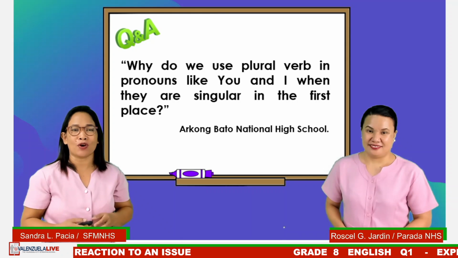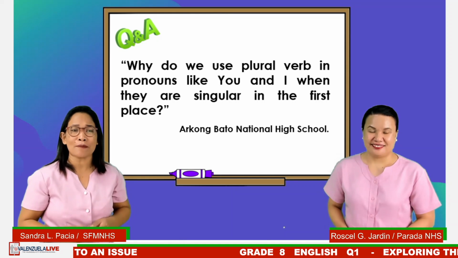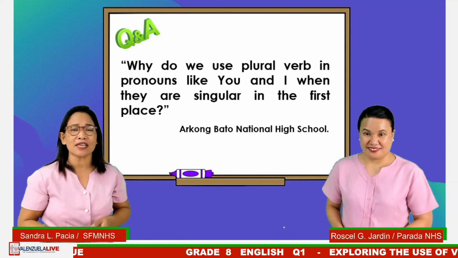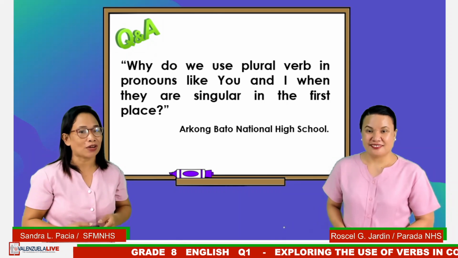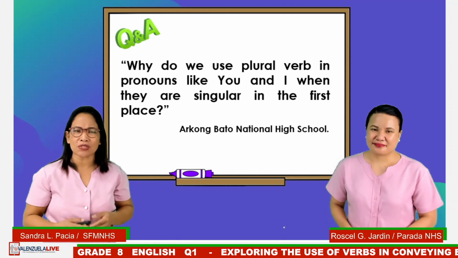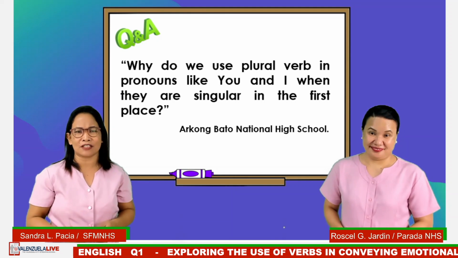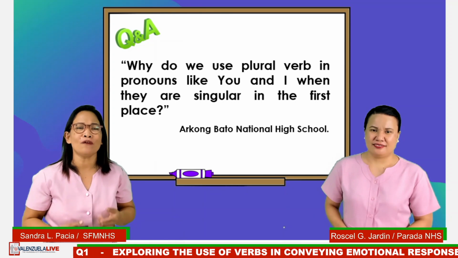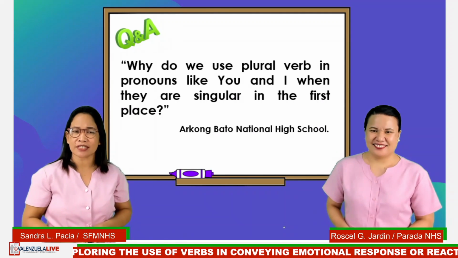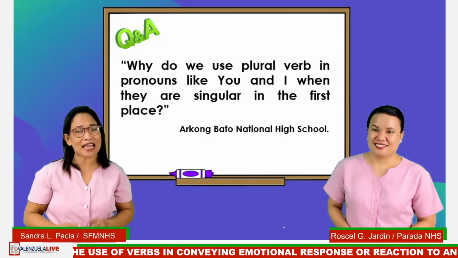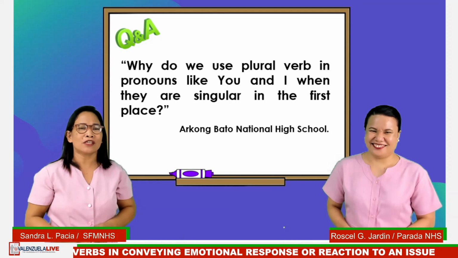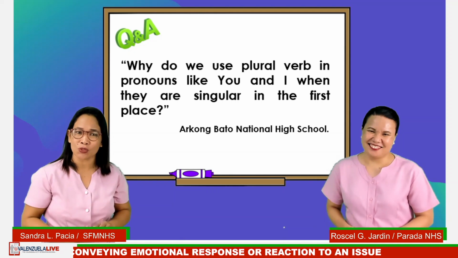You and I belong to these exceptions. Even though they are singular, they take plural verbs. It is wrong to say, and it sounds unpleasant, when you tell someone, I loves you. He or she might answer, forget it. So, you must say it this way.